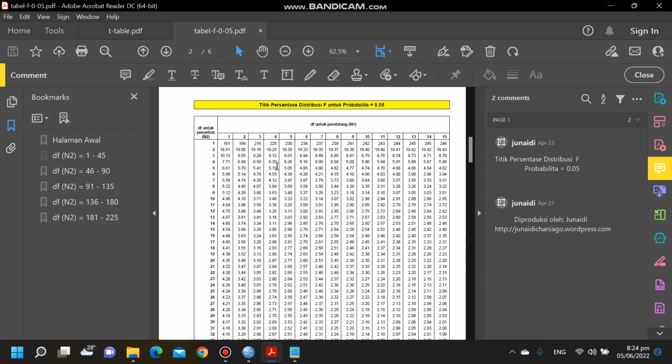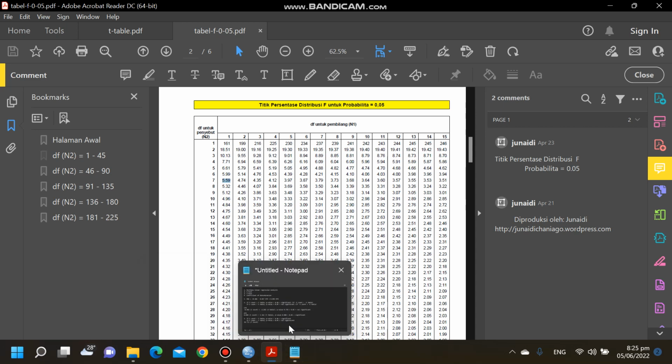And then there are two df for the F test. df1 is k minus 1, and then df2 is n minus k minus 1. Our k is the number of independent variables. We have two independent variables minus 1, so df1 is 1. And df2 is n minus k minus 1, so n is 10, your total data, minus 2 minus 1, so it is 7. Okay, so here it is 5.59 for the F table.